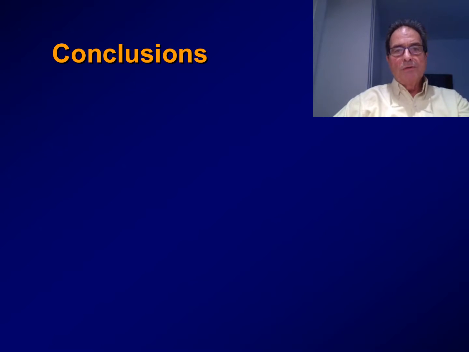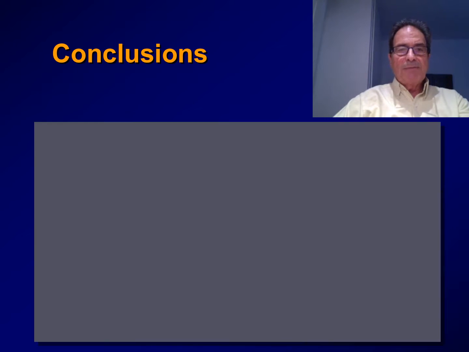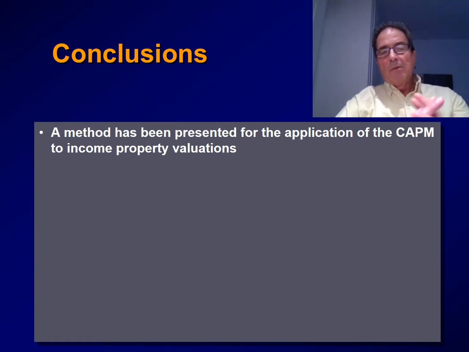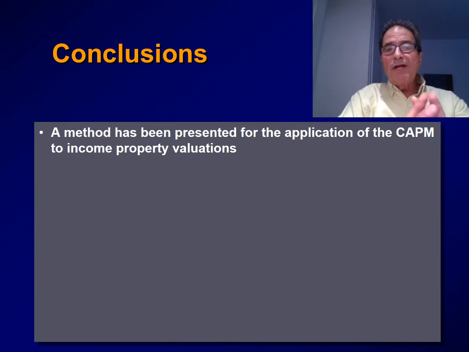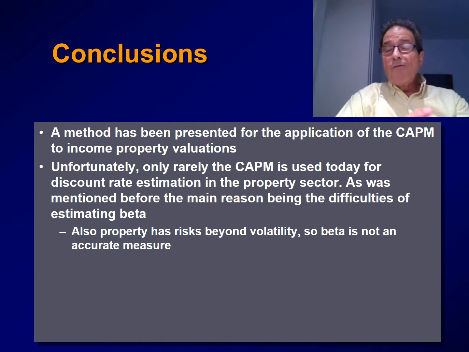What can we conclude about this presentation? Well, a method was presented for the application of the capital asset pricing model for income property valuations. Unfortunately, only rarely the CAPM is used today for discount rate estimation in the property sector.